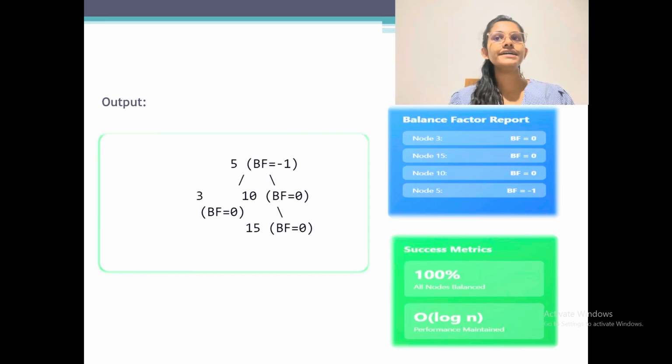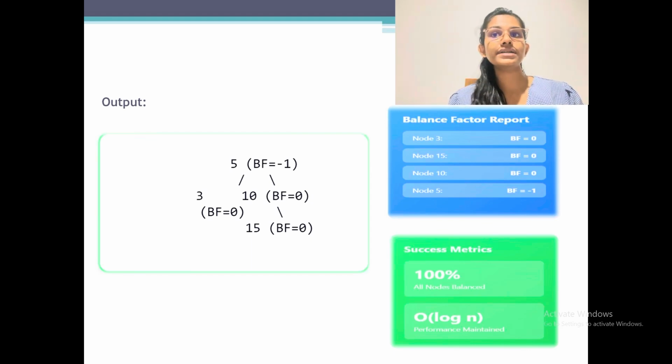To summarize what we have covered today, AVL trees are self-balancing binary search trees that maintain logarithmic performance for all major operations. They use the balance factor, the difference in heights between left and right subtrees, to detect imbalances.